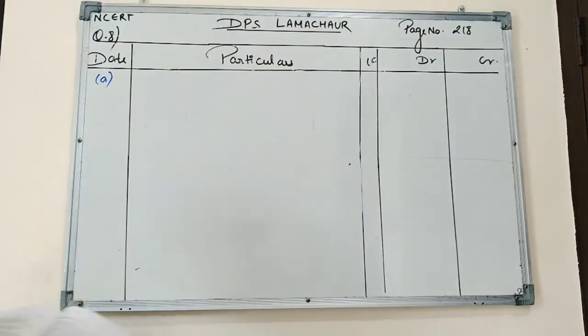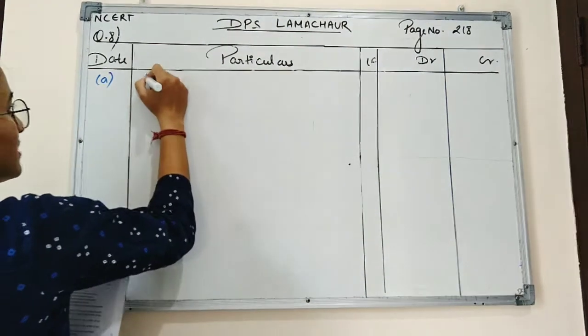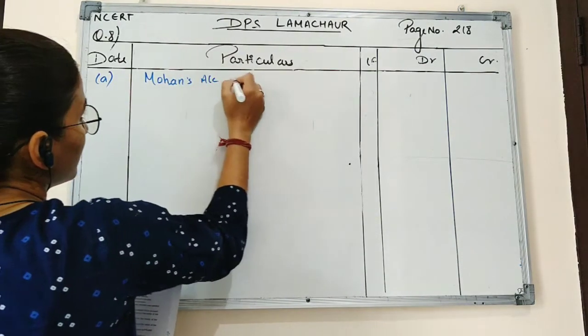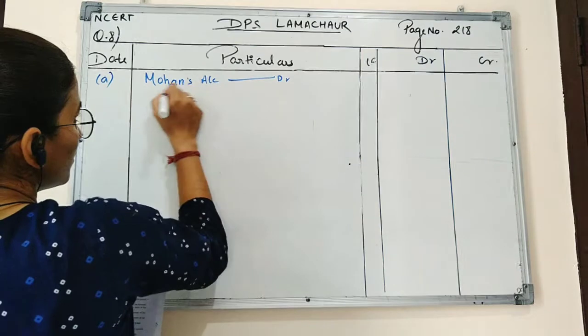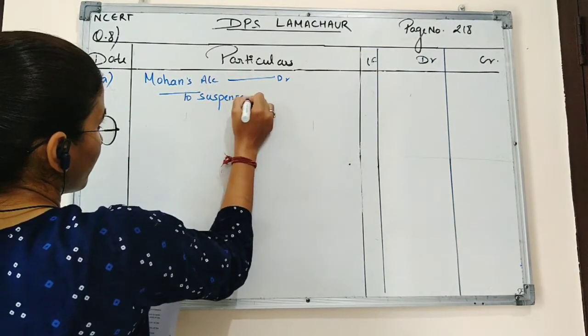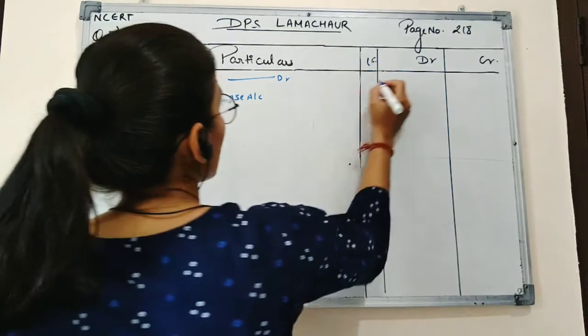So the journal entry for this transaction will be credit sales to Mohan. That means Mohan's account will be debited to suspense account, and the amount is rupees 7,000.